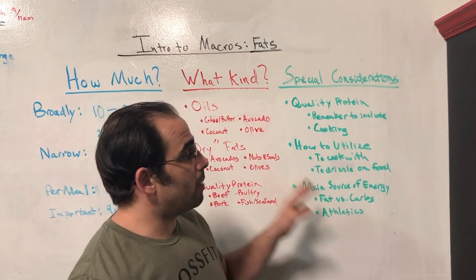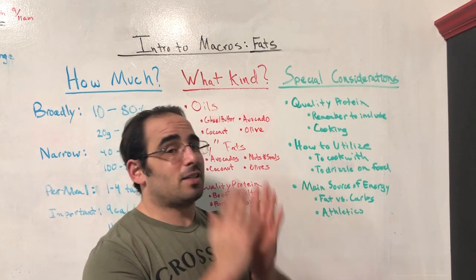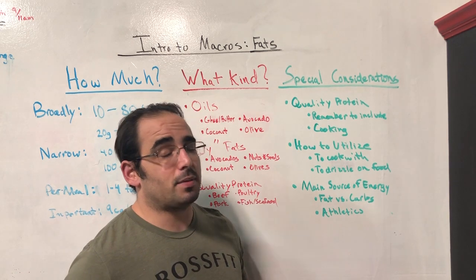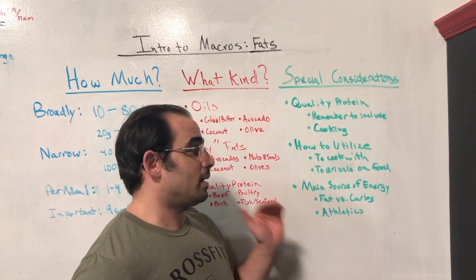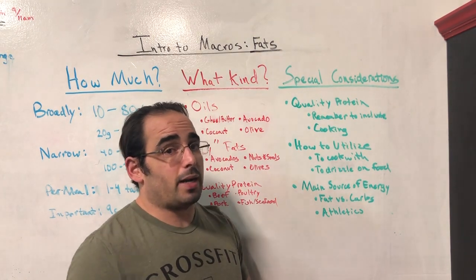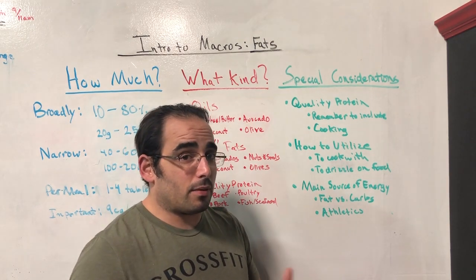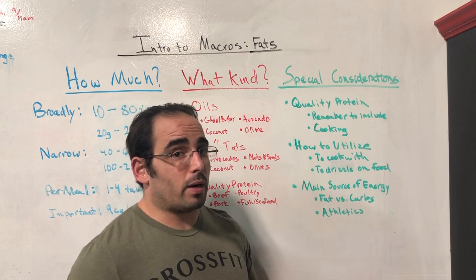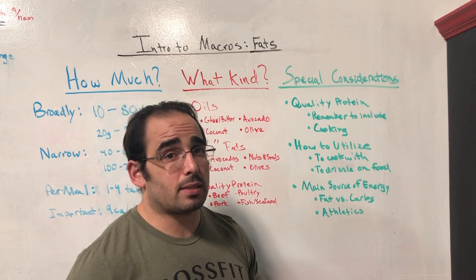And then lastly, remember that this is going to be for most people, for a normal, physiologically functioning human being. Generally speaking, there are some exceptions, yes, like the Kitavans and others, but generally speaking, fats are going to be the main source of energy for your body. At most, your body can store a few thousand calories of glucose, whereas it can store a couple hundred thousand calories of fat.